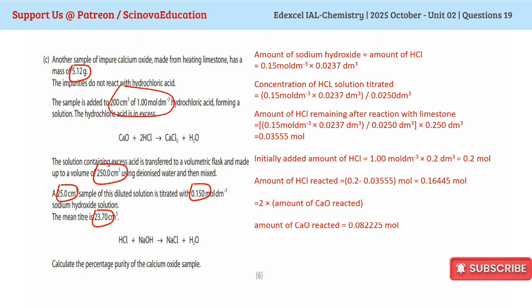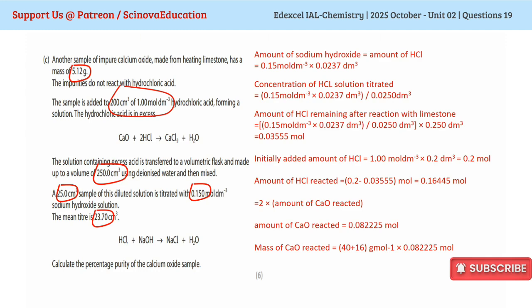After doing this much, then I can calculate the mass of calcium oxide reacted by multiplying the amount of calcium oxide reacted with the molar mass. Always apply with the units, then you will see how the units are nicely cancelling off and you get the answer in grams.